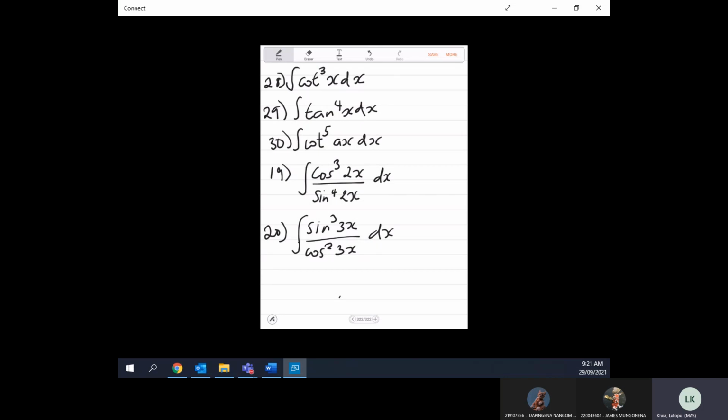Get 2 sec x times the derivative of sec x, which is sec x tan x.